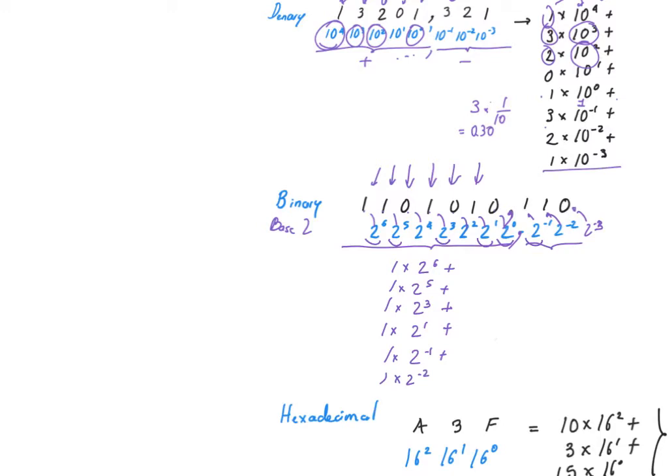2, right? So this number should be 64 plus 32 plus 8 plus 2 plus, so that's for the whole part, plus 1/2 plus 1/4, right?